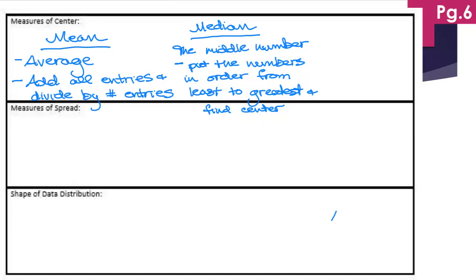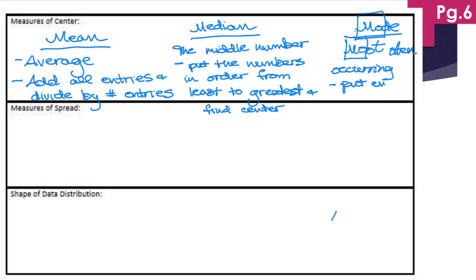And lastly, we also have what's called the mode. Does anybody know what the mode is? The mode is the most often occurring. Put entries in order and find the one that occurs the most.